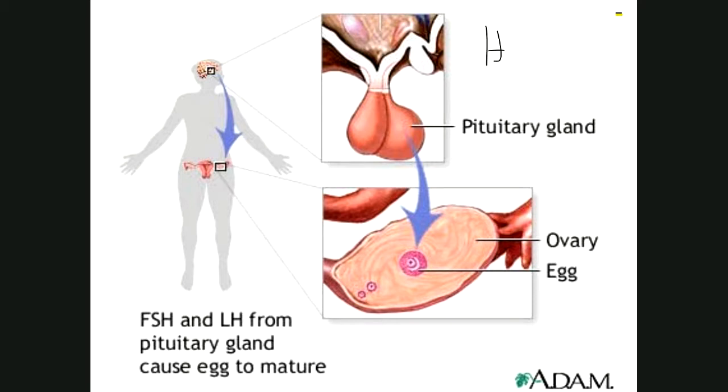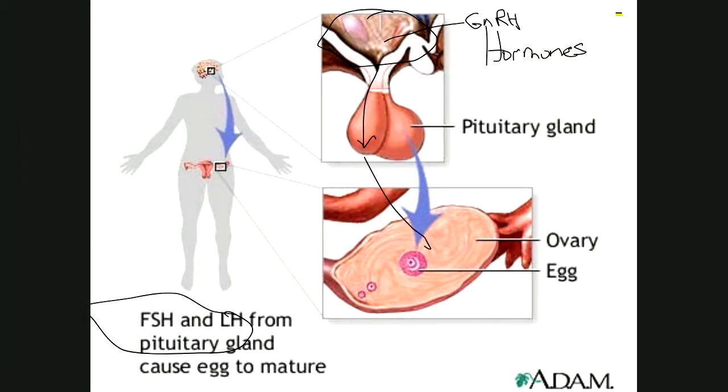And just like in the male, remember the hypothalamus is the one that's in control, and it produces a hormone called GnRH. That's what's going to start the whole thing. And then it's going to go to the pituitary, we're going to get more hormones, and it's going to go to the ovary, and we're going to get more hormones.